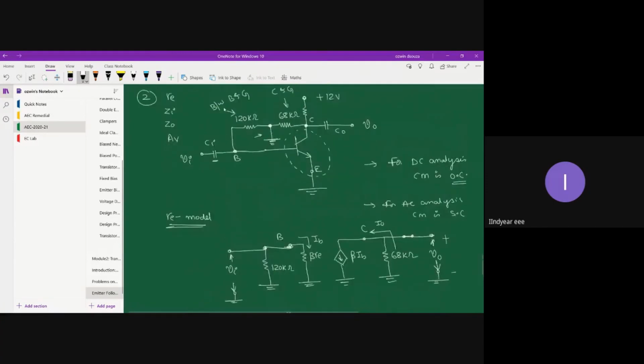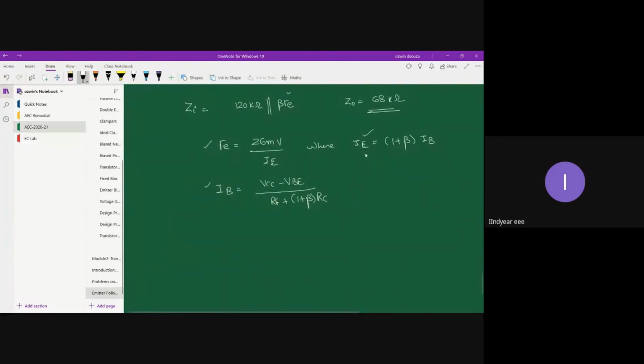Beta value is not given, right? So beta is 140, given in the problem. So find out the Zi value, Z naught value, as well as the AV value. AV is V naught by VI.